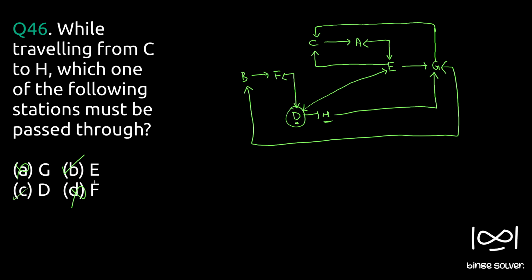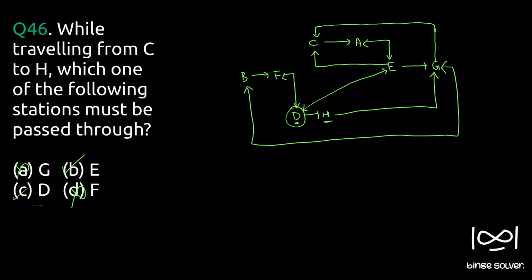But in the official UPSC key, the answer given is B, E. I am not sure why they said option C, D is a wrong answer. The question is, which one of the following station must be passed through? So D must be passed through if we are going from C to H, just like E must be passed through. Both E and D are correct answers here, but in the official answer key, B is given as the correct answer. So I am guessing it is a mistake from their side.